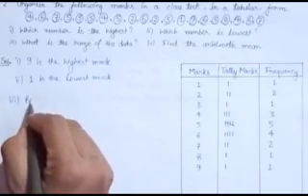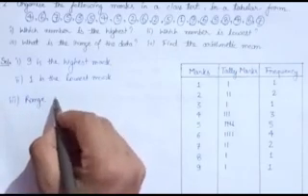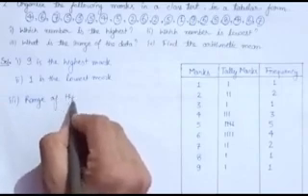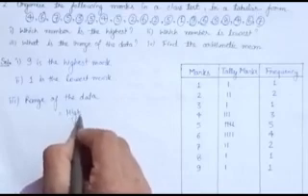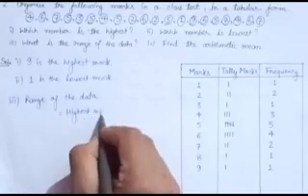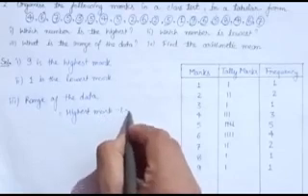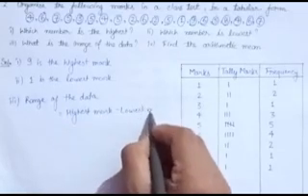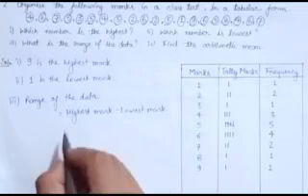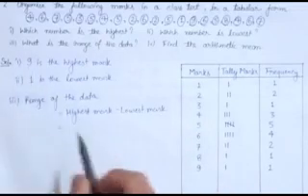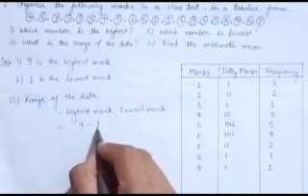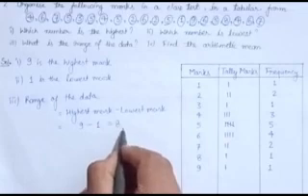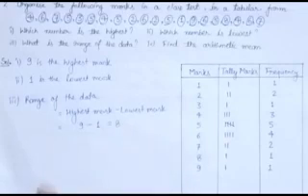So range of the data is equal to highest mark minus lowest mark. So as you can see, highest mark is 9 and lowest mark is 1. So 9 minus 1 is equal to 8. Hence we can say the range of the given data is 8.